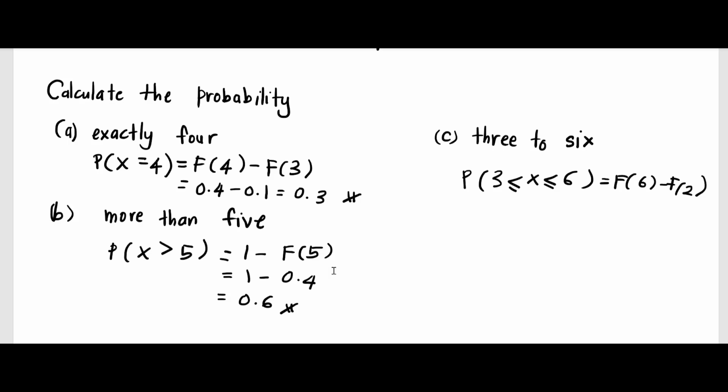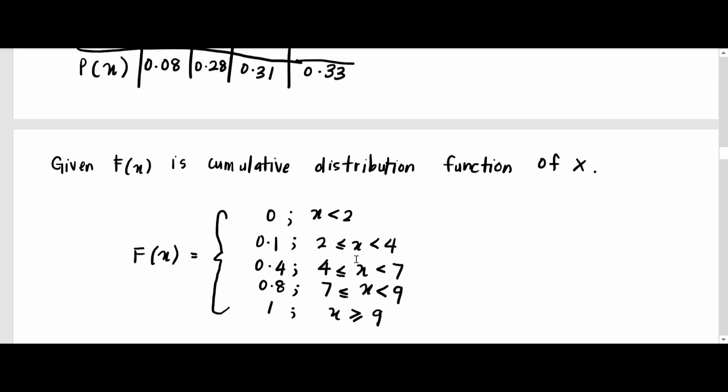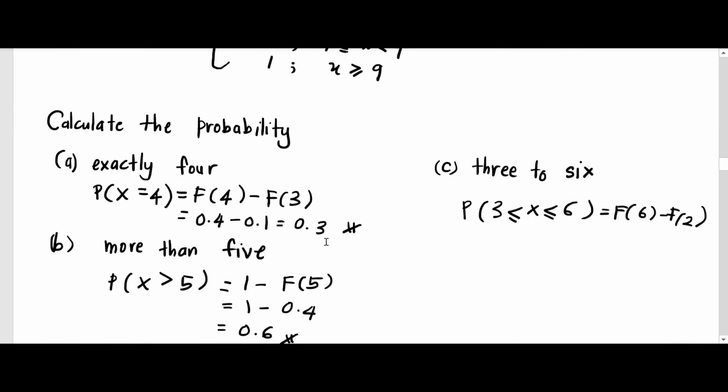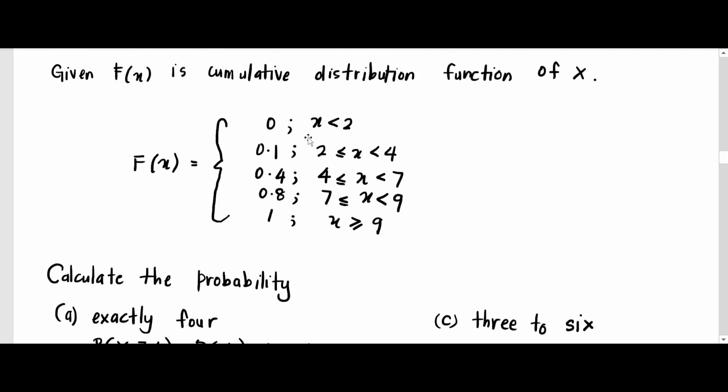So your F6 is here, 0.4, F2 is 0.1, so 0.4 minus 0.1 is equal to 0.3. So this is how you calculate the probability from the CDF by using the theory tree.